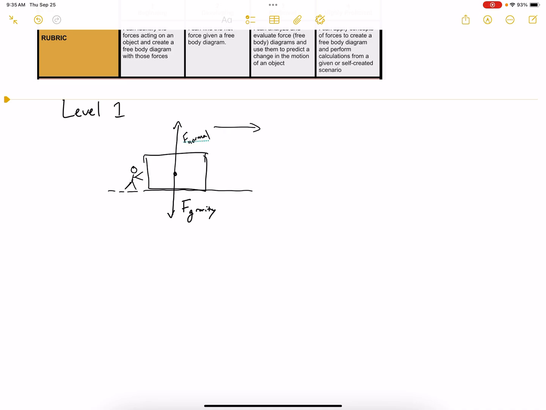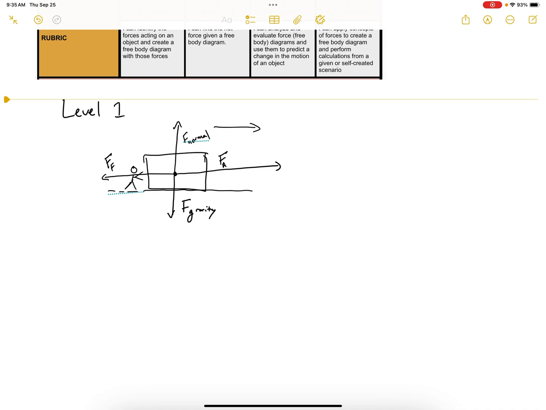Now that's all good, except I have that little guy pushing, and so I'm going to have an applied force. This is the force of my little person, which I'm going to refer to as an applied force, or F sub A. He's pushing that way, trying to slide the box, and he might be successful, he might not. Whether he is successful or not will be determined by whether he can overcome the force that resists motion.